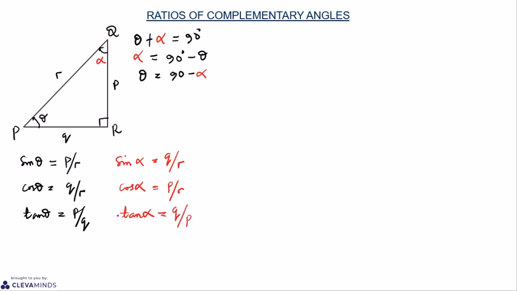From what we can see here, we can observe that sine theta is equal to cos alpha, because they both have the same result, p over r. Also, cos theta equals sine alpha.